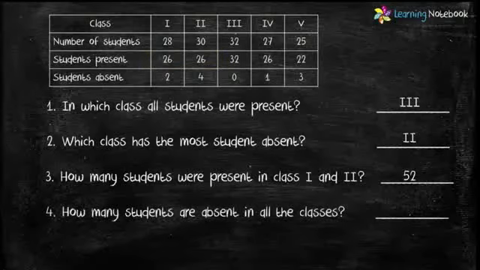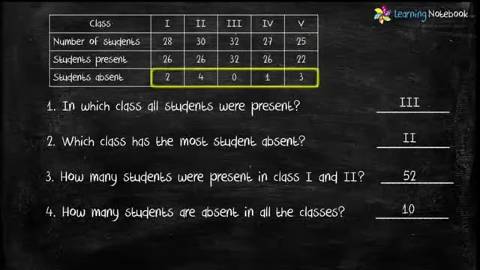Now, next question is, how many students are absent in all the classes? In this question, we have to find total number of students absent in all the classes. So let's add students absent in class 1, class 2, class 3, class 4 and class 5. And we get answer as 10.